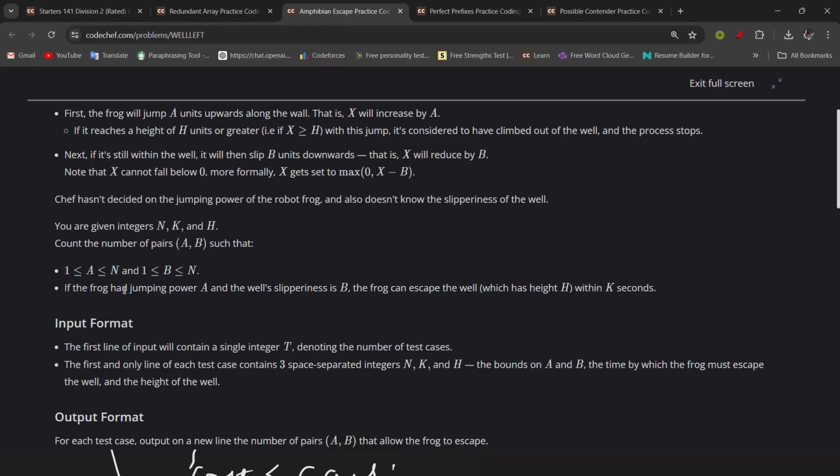And with these particular values of A and B, you have to determine whether the frog can escape the well, whose height is h, within k seconds. So it would take some time for the frog to escape. You have to find whether he can escape within k seconds. So how many pairs of A and B exist so that he can escape within k seconds? That's my question. We have to count the number of pairs of A and B.